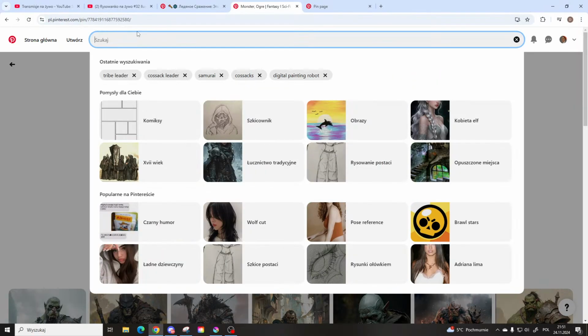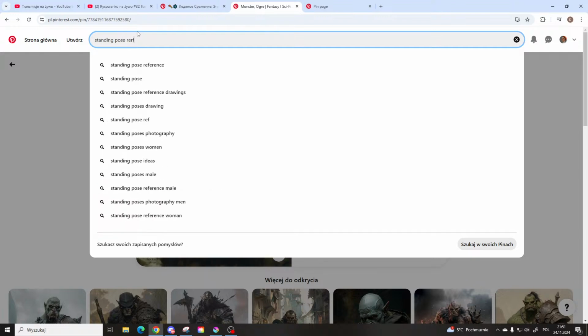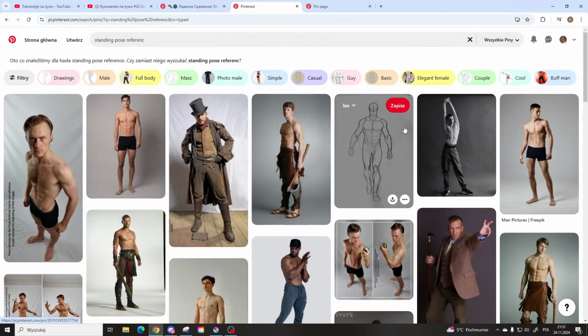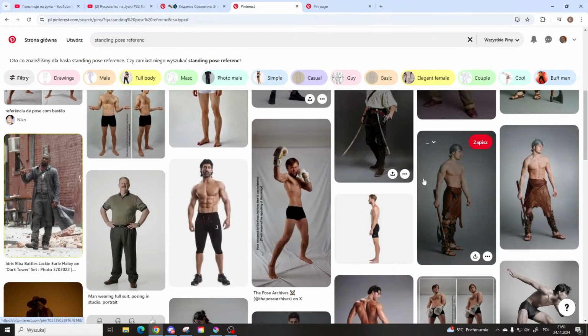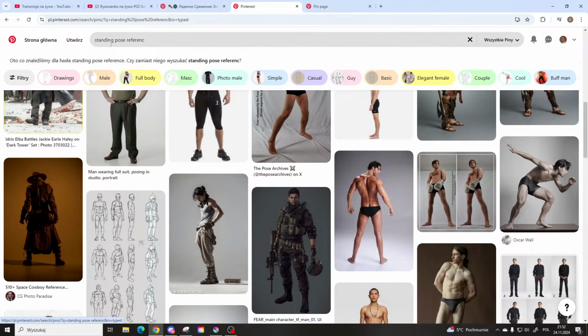So let's look for standing pose reference, and we're going to do the same, but now we're looking for the pose. Which pose has what meaning? Maybe standing with sword.